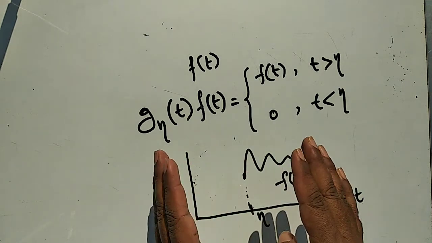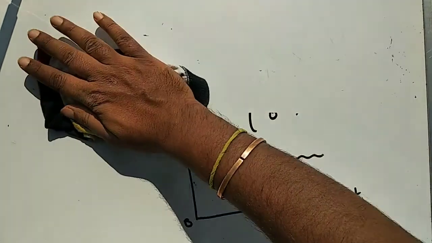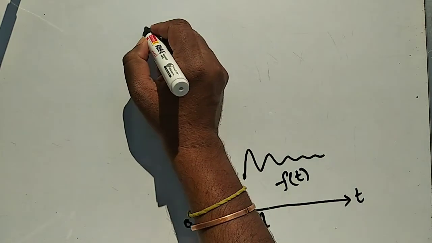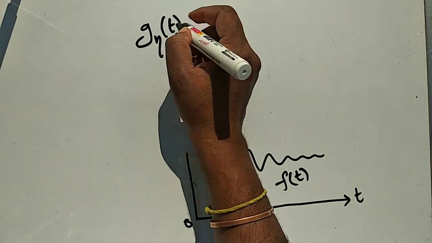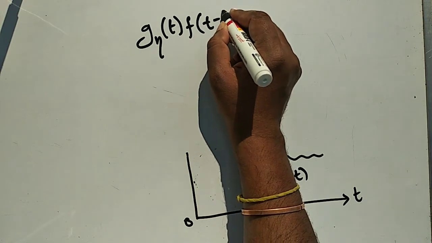So while translating a function, one thing you should remember is that you must define a function in this way, that g eta of t times f of t minus eta.